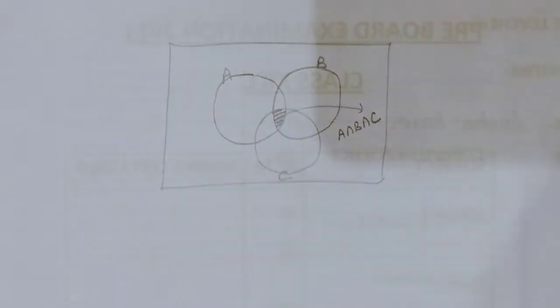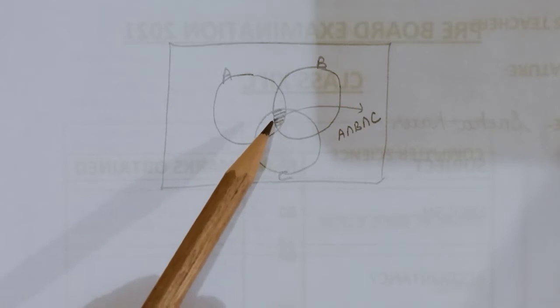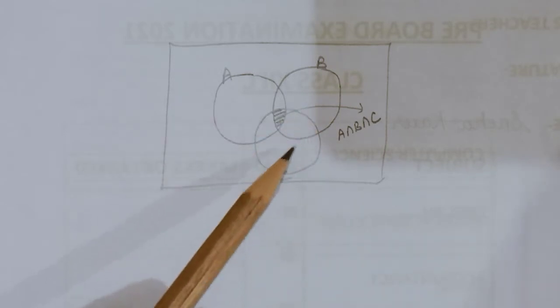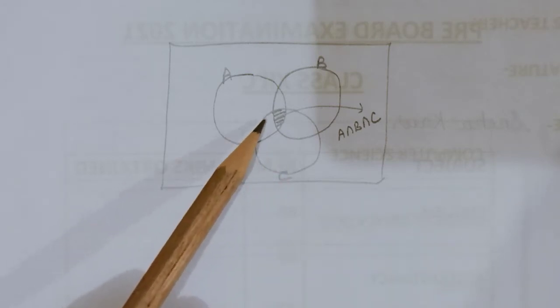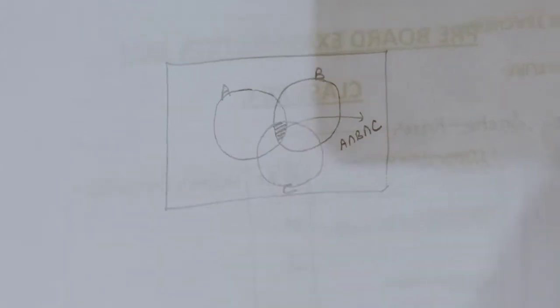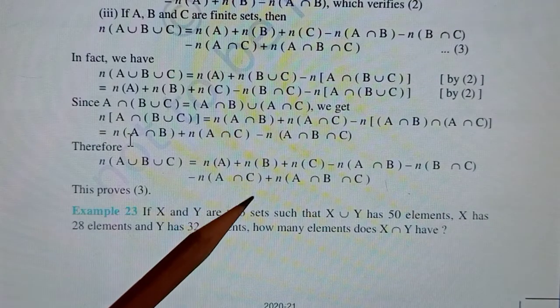So when you subtract the intersections one time, this whole portion is getting subtracted 3 times. It came in A, in B, and in C, but 3 times it got subtracted too. So this portion is no more, so you need to add that. Hence the formula says you have to add the intersection of all 3.